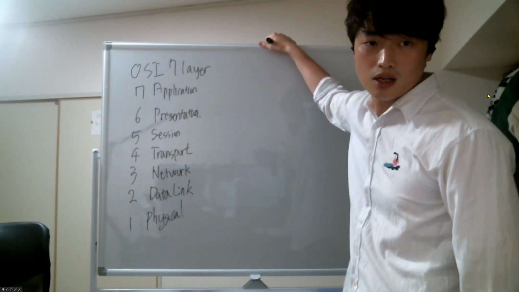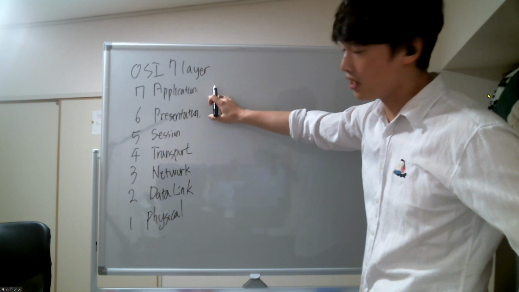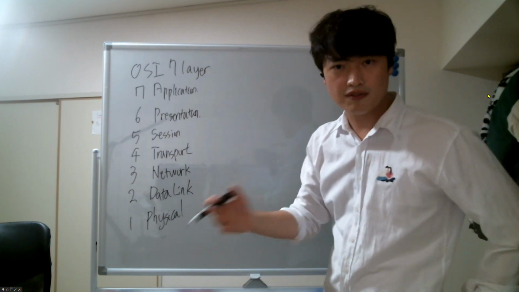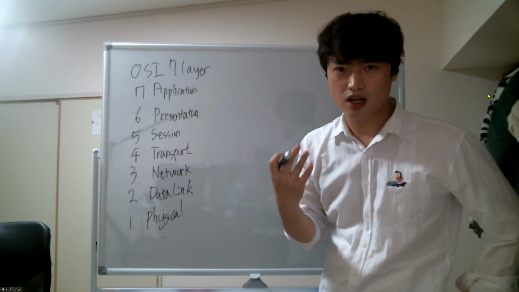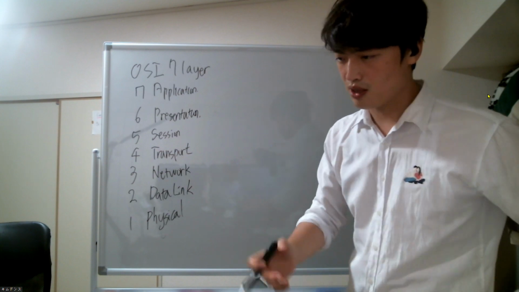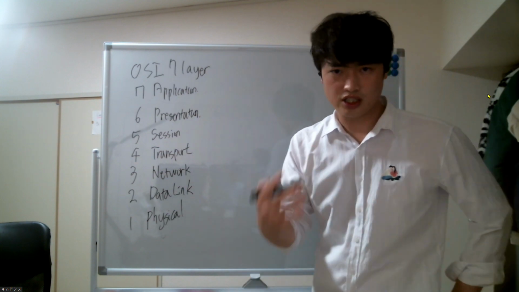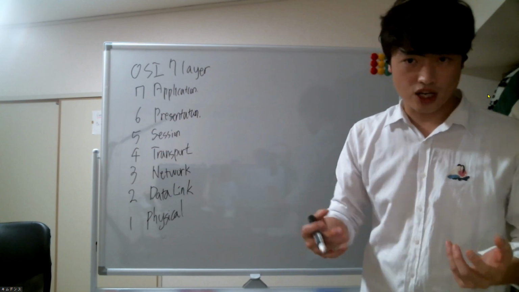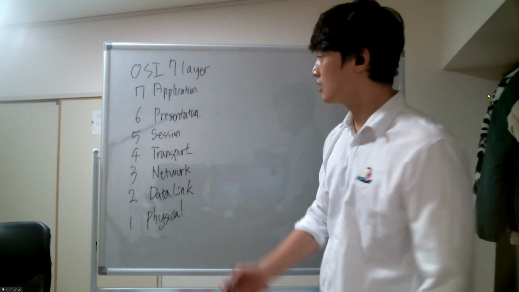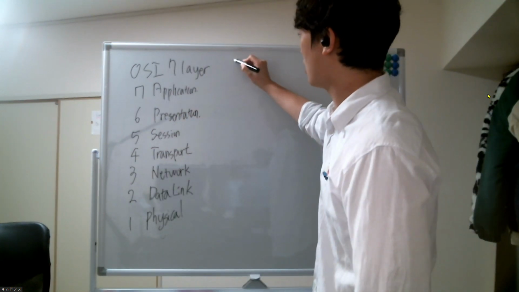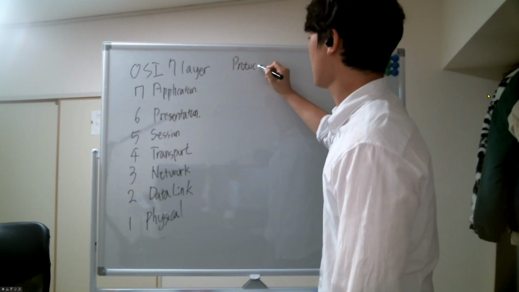So on the seventh layer, the application layer, it regulates all the validation checks, like what kind of file should be uploaded and what kind of image file should be allowed. For example, it should only be available for JPG, JPEG, or something like that. It uses certain protocols in this layer.